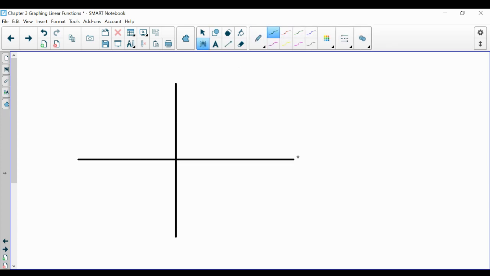When you're drawing a coordinate grid, you always need to put the arrowheads. If you're drawing a line on a coordinate grid, or a number line, you need to put the arrowheads, because if you don't, it just means that it stops. Okay, so the first thing that we're going to look at is the quadrants. So this here is quadrant 1.